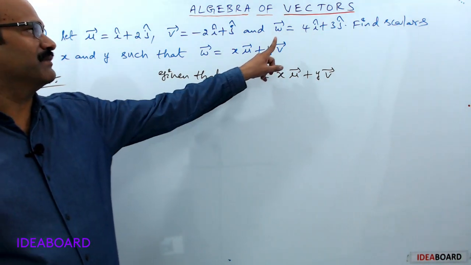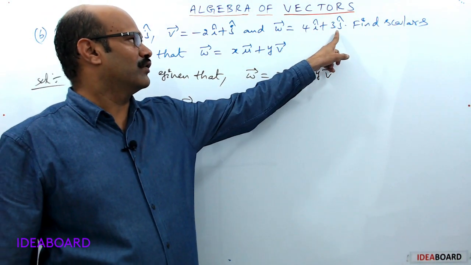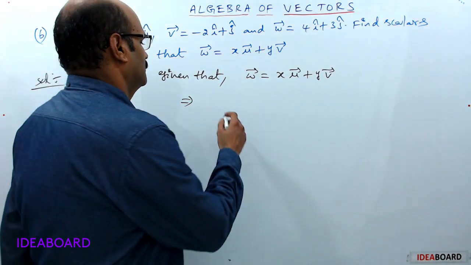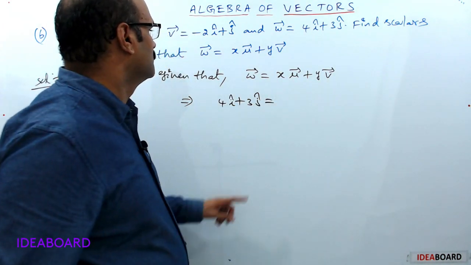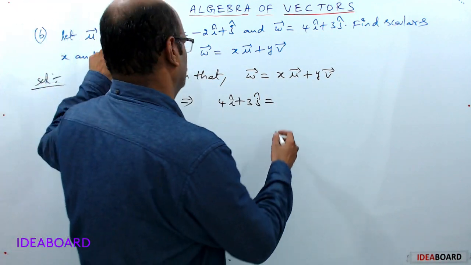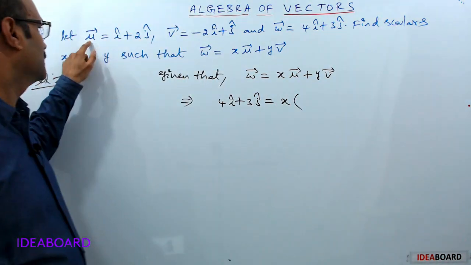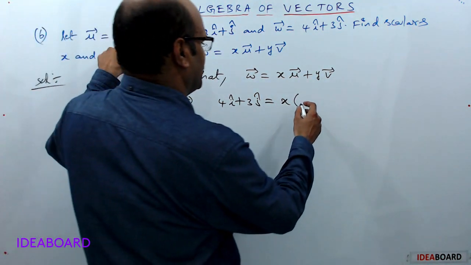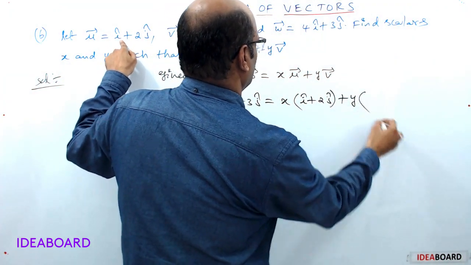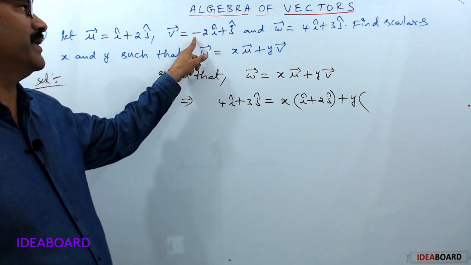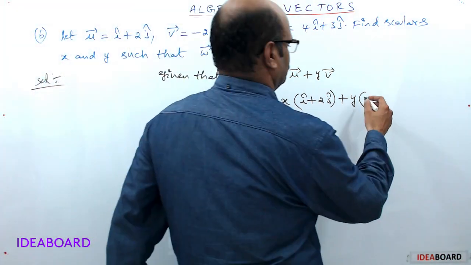So here w vector can be taken as 4i cap plus 3j cap equal to x into u vector, i cap plus 2j cap, plus y into v vector, minus 2i cap plus j cap.